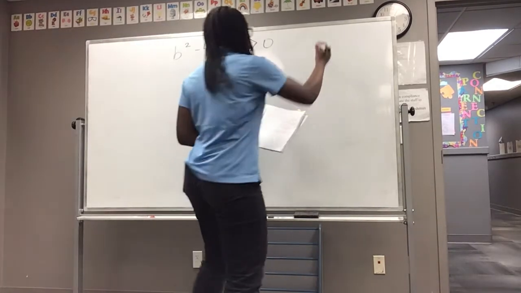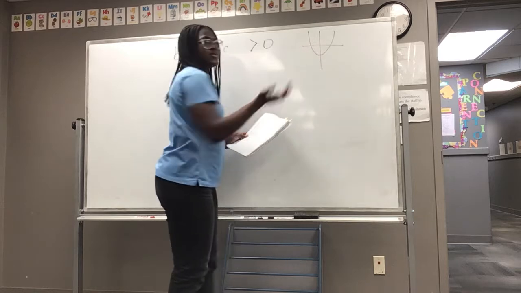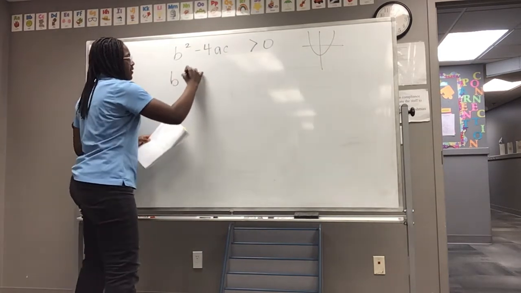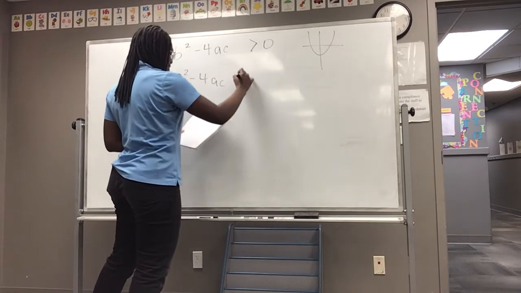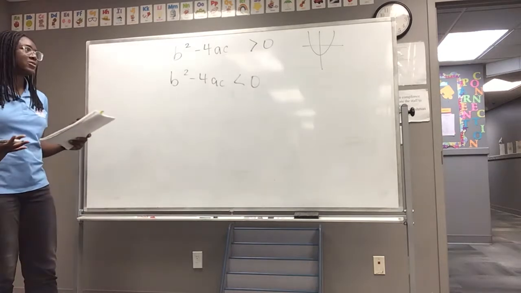If we graphed it, it would look something like this, where it crosses the x-axis twice. If b squared minus 4ac is less than 0, we have two imaginary roots.